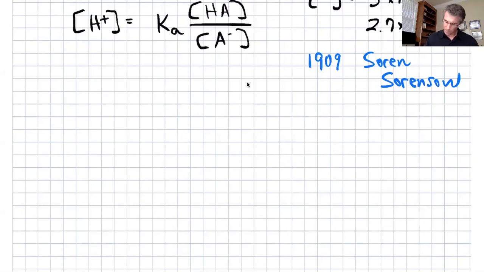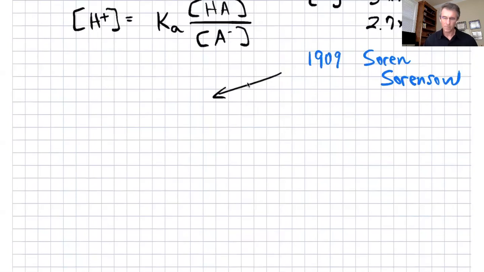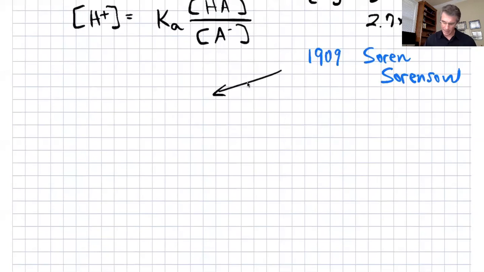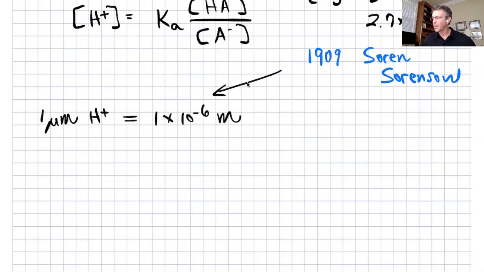He said, well, if we use a simple little mathematical trick, right? Which is to think about the idea that if I had 1 micromolar proton concentration, that would be equivalent to 1 times 10 to the minus 6th molar, right? And again, recognizing that formally you can't really do this with a real concentration number mathematically, but it's a small step given how we defined activities before.